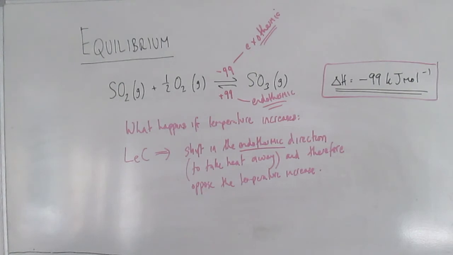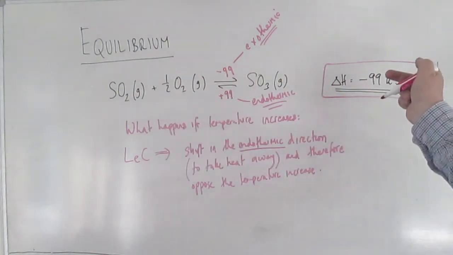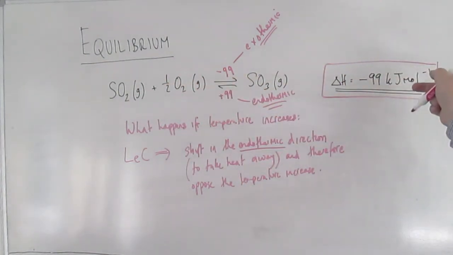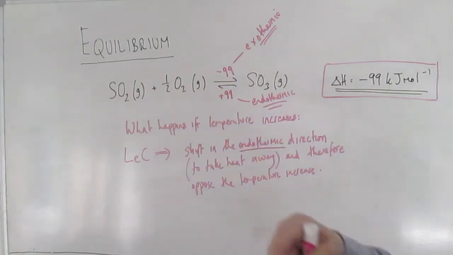But now you just have to think a little bit more and make sure you understand what the delta H numbers mean. So it's negative going forward, which means heat's given out if you go that way. Positive going backwards, which means heat's taken away if you go in the backward direction. And that's how you oppose a temperature increase, by taking heat away.